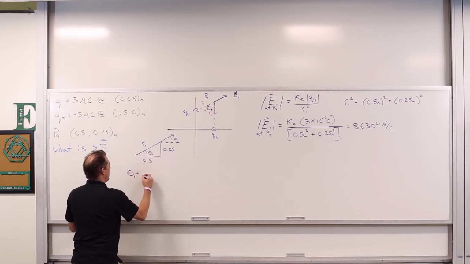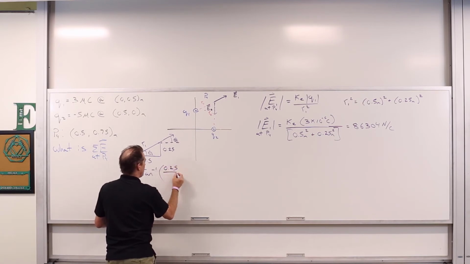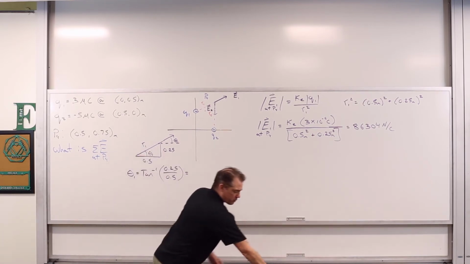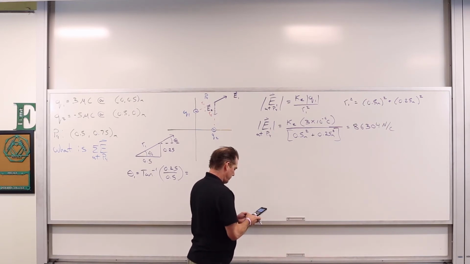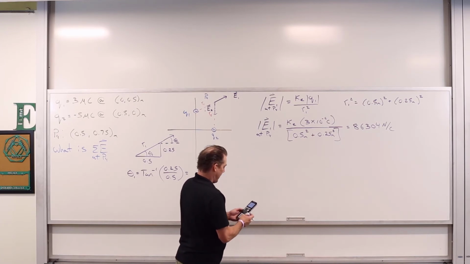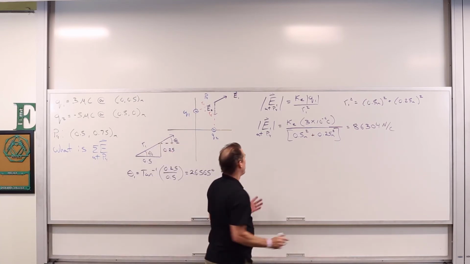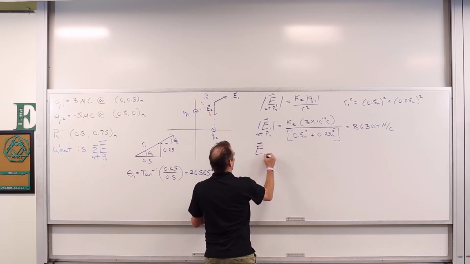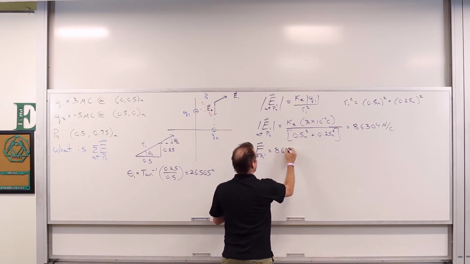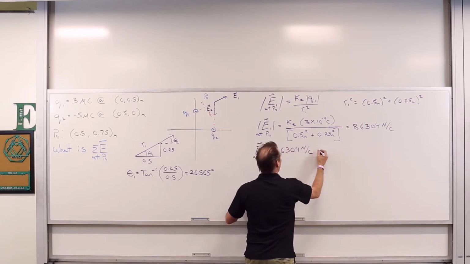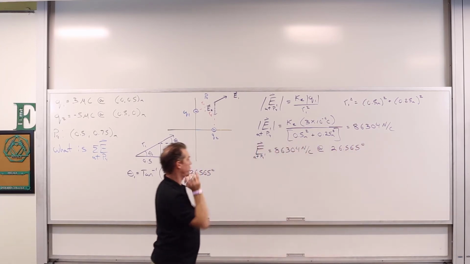Theta is equal to the arctangent of opposite over adjacent, 0.25 divided by 0.5, which gives us, in degrees, 26.565 degrees. So there we go. We've got E hat 1, again at P4, is equal to 86,304 newtons per coulomb at 26.565 degrees relative to the positive x direction.